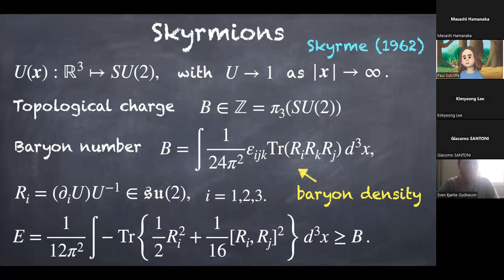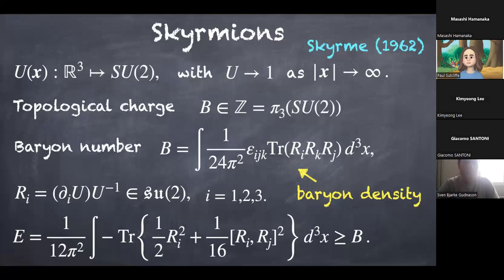So we're talking about topological solitons in three-dimensional space. The field of the theory is an SU2 matrix. So that's called the Skyrme field. I'm only going to talk about static, so time-independent configurations. So a Skyrme field U will be something that depends on the three Cartesian coordinates of R3 and is SU2 valued.